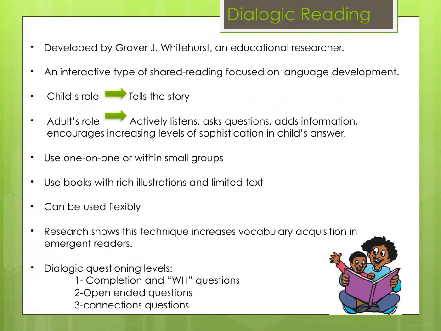So we'll get into that on the next slide, but that's generally the adult's role. So really, the focus is on vocabulary development more than on using it as a reading comprehension strategy. That's not what it is. Its focus is on helping children develop vocabulary skills.